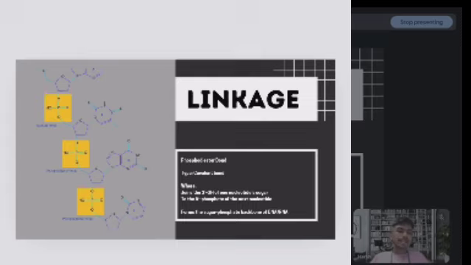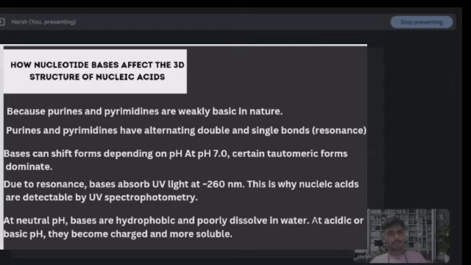It joins the 3 prime OH of one nucleotide sugar to the 5 prime phosphate of the next nucleotide. So at 5 prime we have the phosphate and the sugar. And the yellow color highlighting shows the phosphodiester bond. Again, it is helping in the sugar phosphate backbone of the DNA as well as RNA.